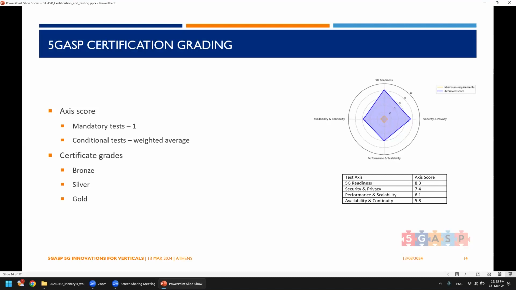The bronze certificate implies that we have the minimum requirements met, which is only the mandatory tests. The silver certificate would require a minimum of 5 per employed testing axis, and the gold certificate is awarded if all the employed axes score above 8.